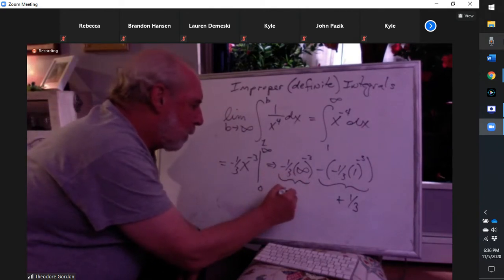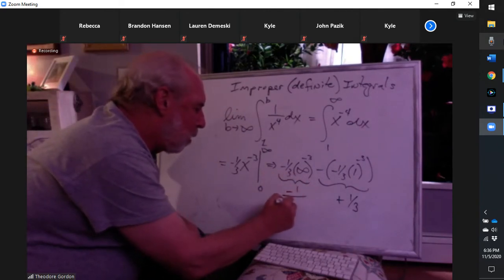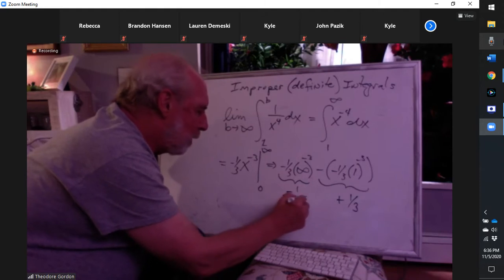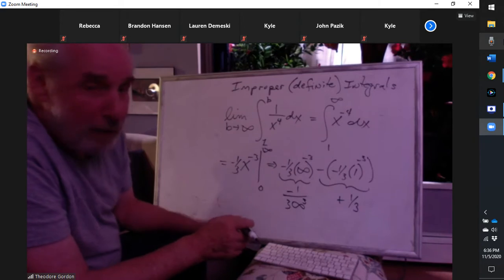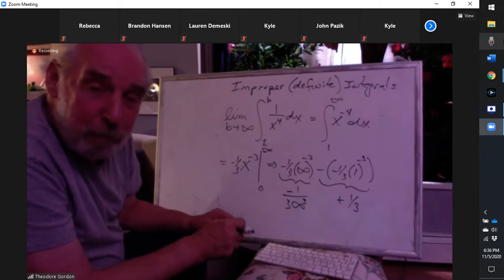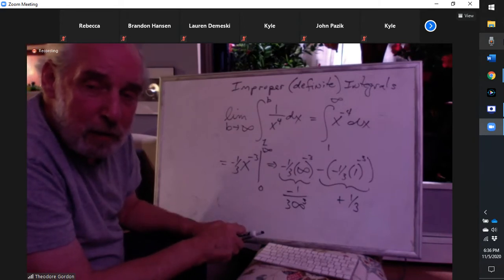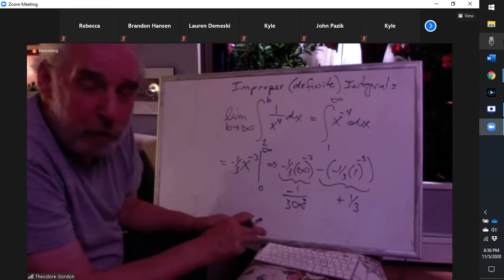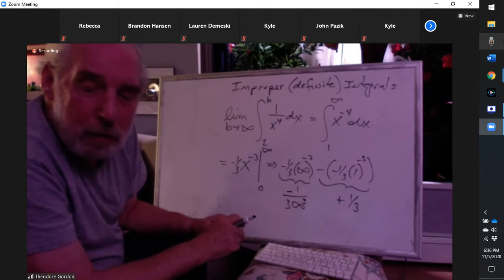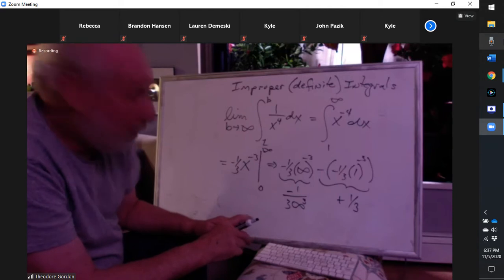And I'm going to write this as -1 over 3 times infinity cubed. So what's infinity cubed? Not really a number, but what happens if you take infinity and raise it to the 3rd power? Still infinity.